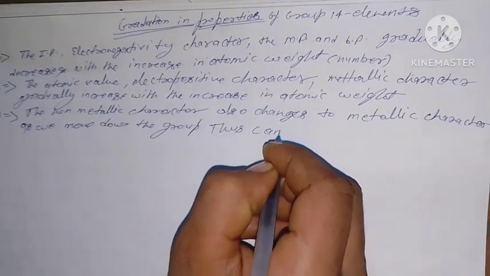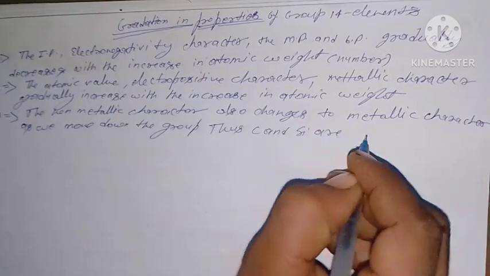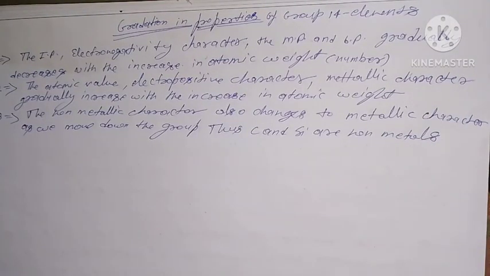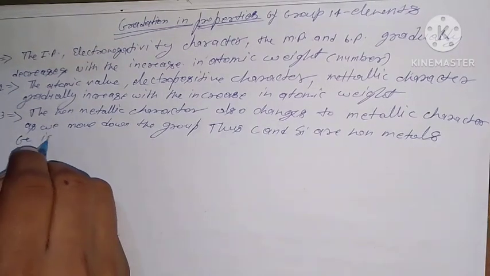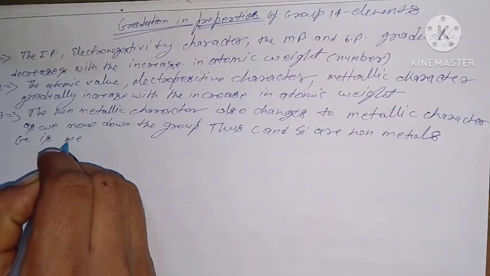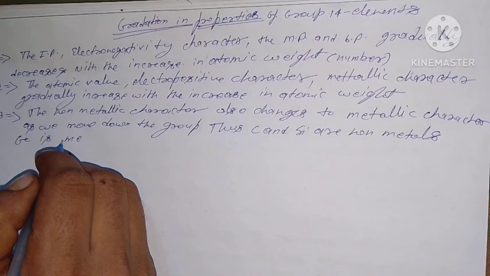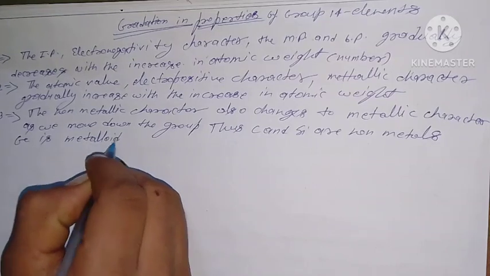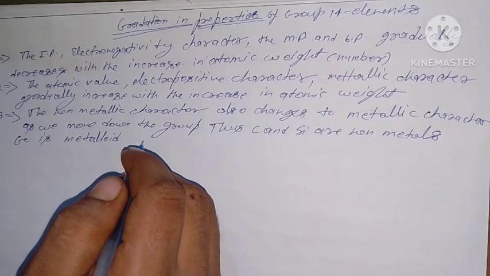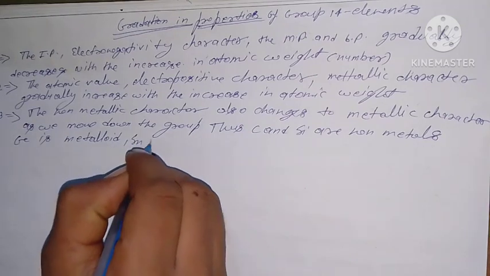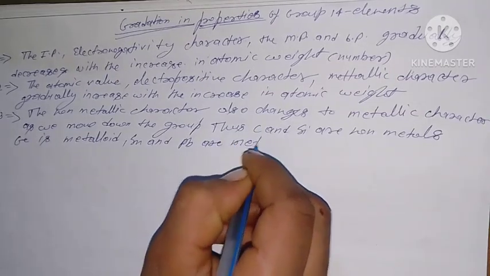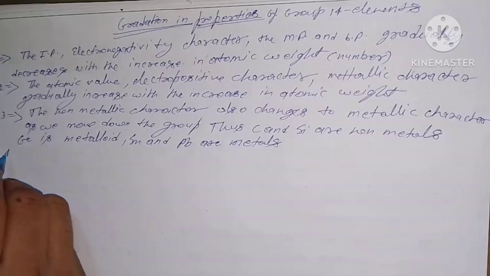Germanium is a metalloid. Tin and lead are metals.